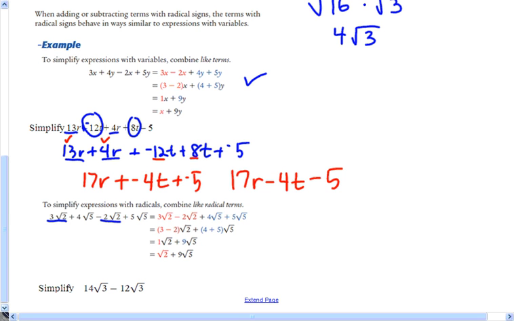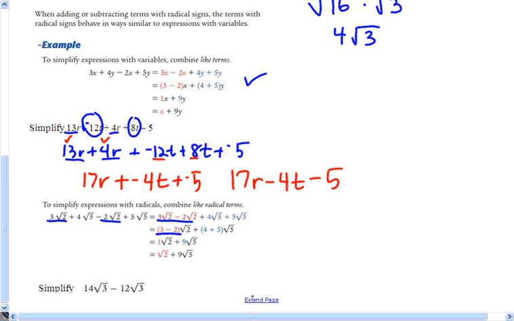You can see that they used the associative and commutative properties and rewrote the expression, switching around the terms, and then used the distributive property to rewrite it as a smaller expression. 3 times the square root of 2 minus 2 times the square root of 2 is the same as 3 minus 2, the quantity, times the square root of 2.